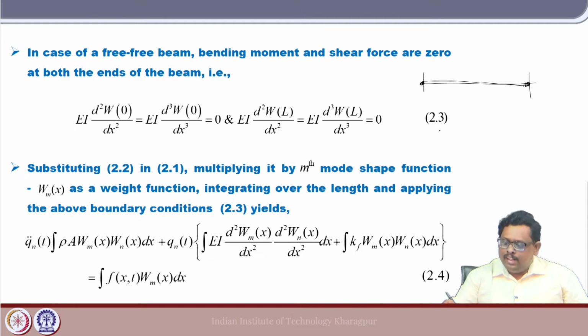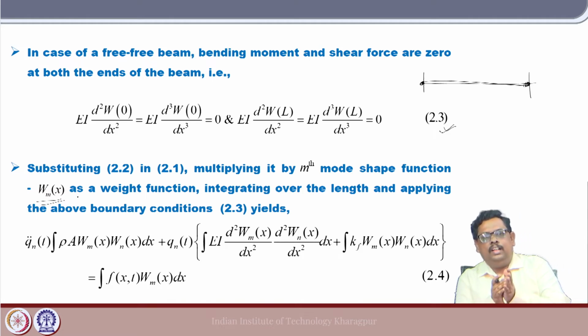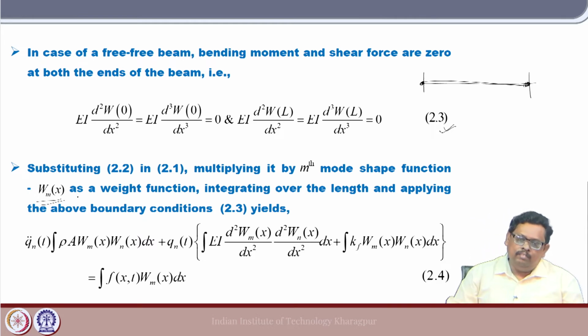Now, if I apply these boundary conditions, then we can find out the mode shapes, right? Now we know the definition of modes: for example, for pitch or heave I know what my mode shape would be. Similarly, for the other flexible modes also we know what the mode shapes would be.